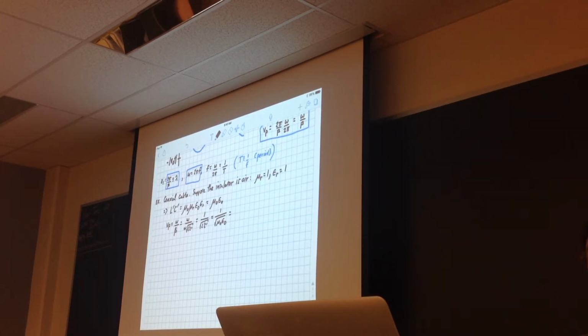Mu naught is 4 pi e to the minus 7 henries per meter, and epsilon naught is 8.854 e to the minus 12 farads per meter.